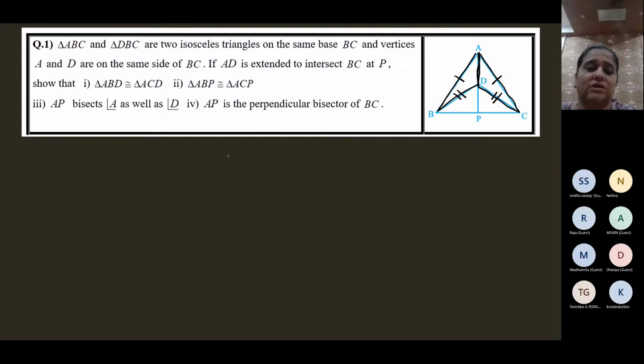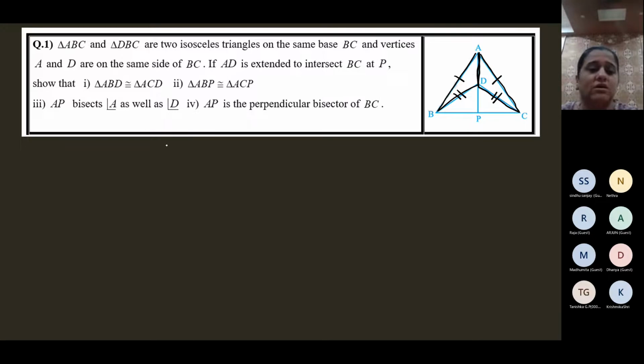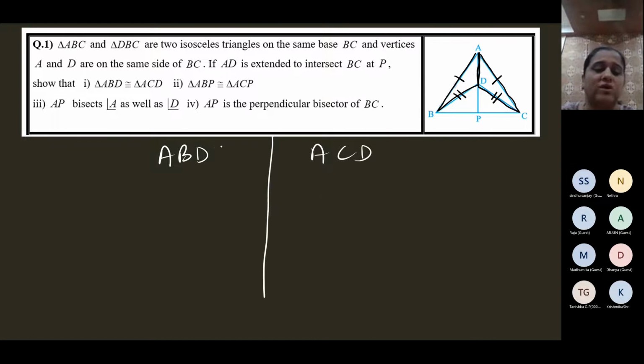Yes, ma'am. We have to show that triangle ABD is congruent to triangle ACD. So tell me, one side or angle of this triangle is equal to the respective side or angle of this triangle. Start.